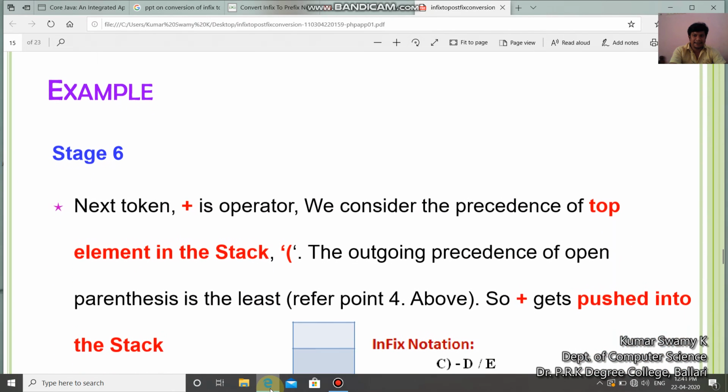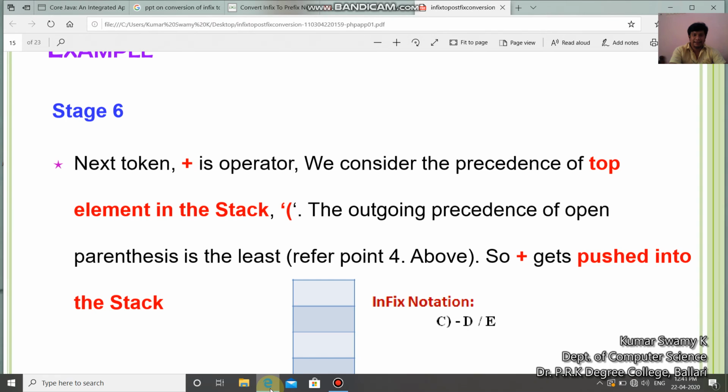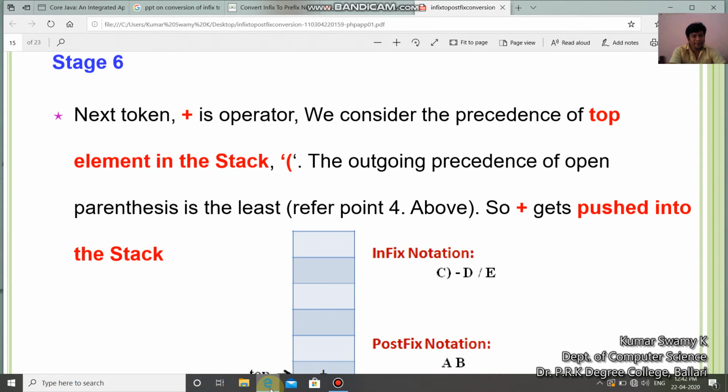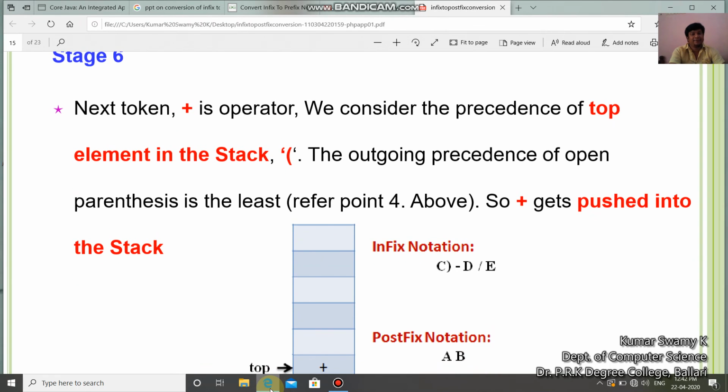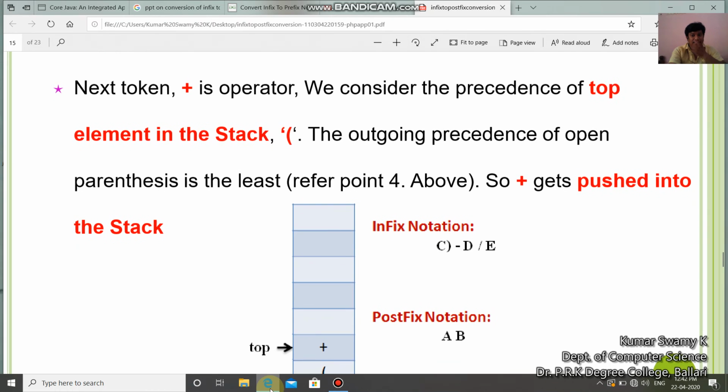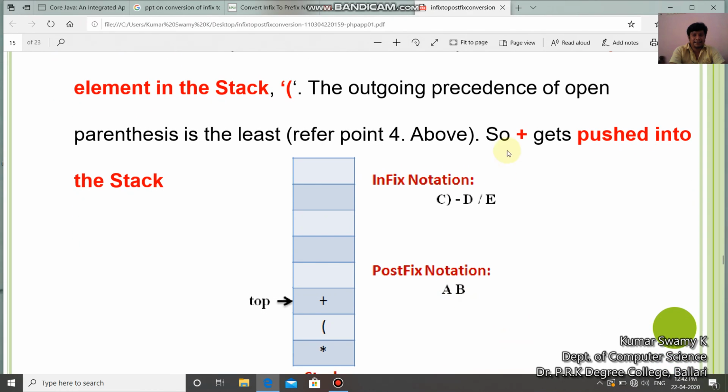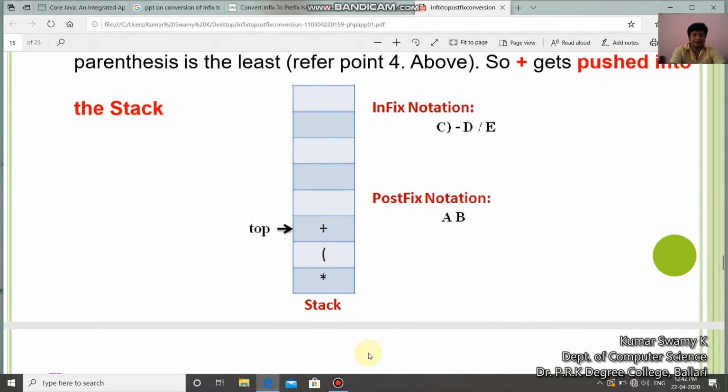We consider the precedence of the top element in the stack; the outgoing precedence of the open parenthesis is least. You can see that the plus gets pushed onto the stack, since the plus has higher precedence, so it is placed on top of the stack.